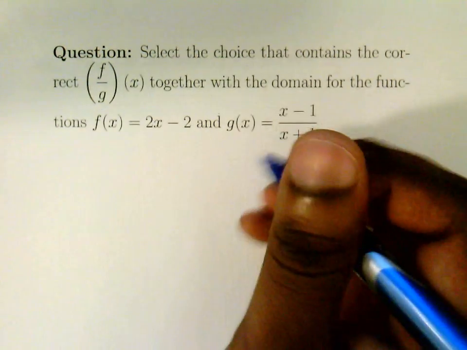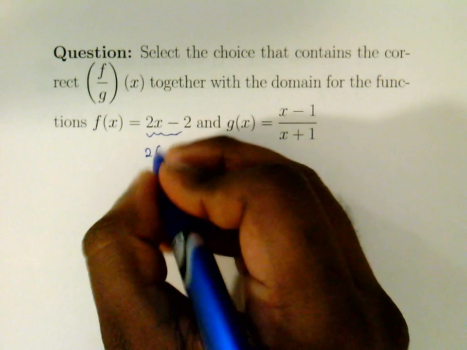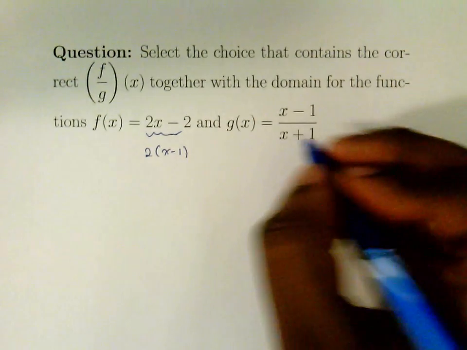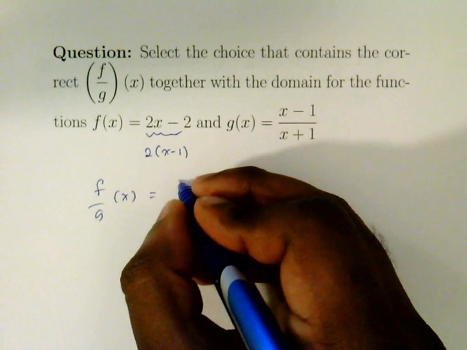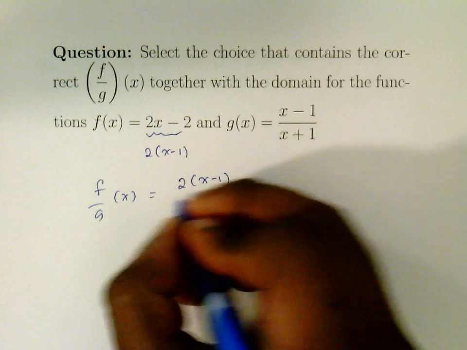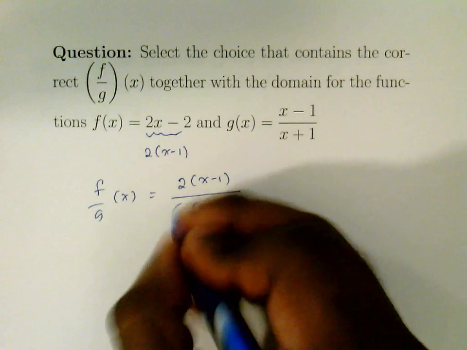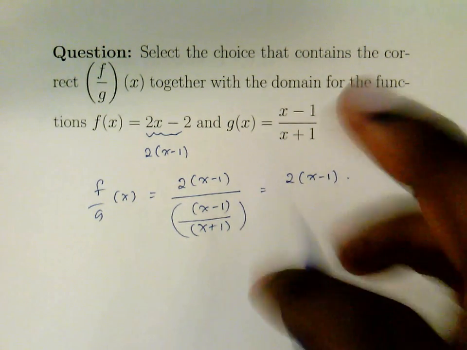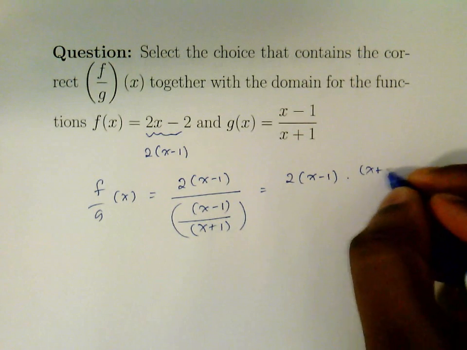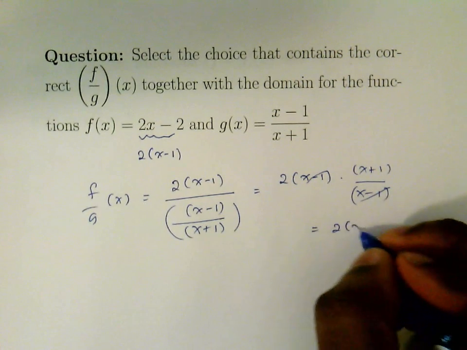The function f is 2x minus 2, so that's 2 times (x minus 1). g(x) is that, so f over g(x) is 2 times (x minus 1) divided by that small fraction. You know how to do fraction division. Flip it, x plus 1 over x minus 1, and you get 2 times (x plus 1).